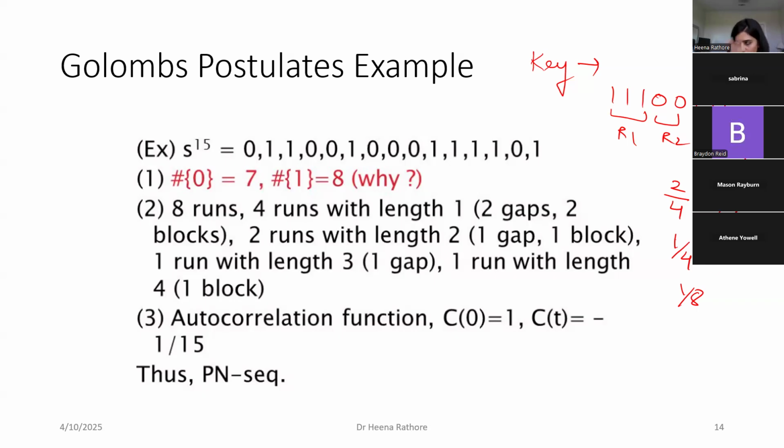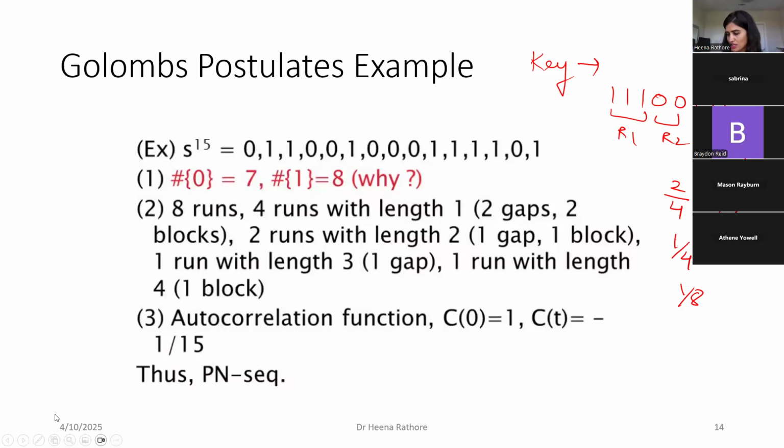But let us imagine in some case each of these rules is also satisfied. So you go to rule number 3. I'm just giving you an example so that you understand the autocorrelation function. In this case, I think it doesn't satisfy property number 2, but let us imagine you got some number and rule number 2 is also satisfied. Then, in order to verify that it is highly pseudo-random, you will follow this autocorrelation function.